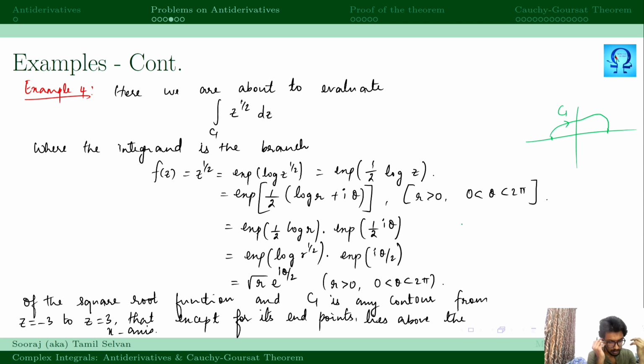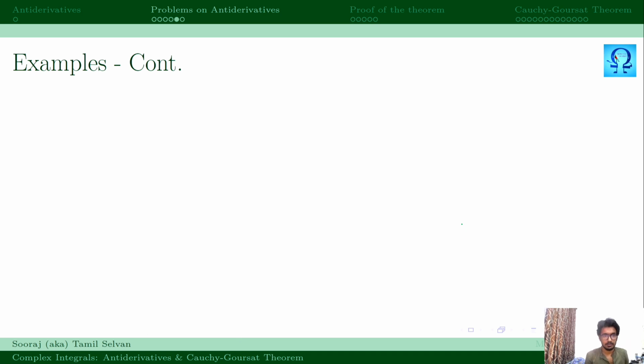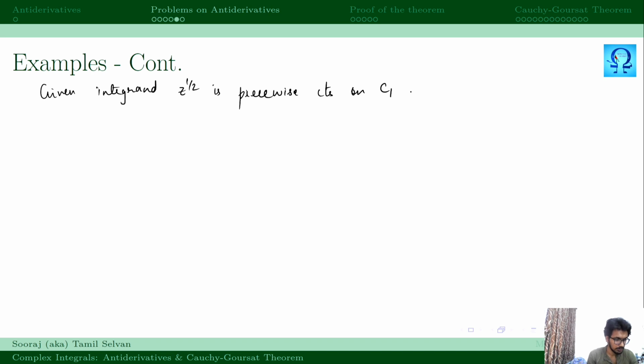Now we know that a contour has to be piecewise smooth. Here the integrand is also a piecewise continuous function on the given contour. Therefore the integral value can be found. That is what I said: the given integrand z to the power half is piecewise continuous on C1.